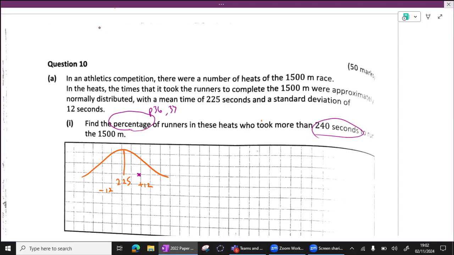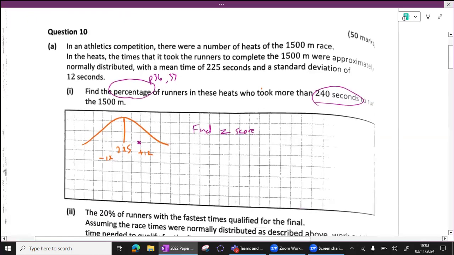The percentages themselves are in the table, the ones with 4 decimal places. Because it's asking me to find the percentage, what I really need to do first is find the z-score. Then I can turn to page 36, 37 and find the corresponding percentage.